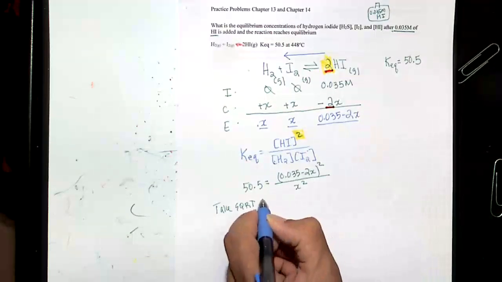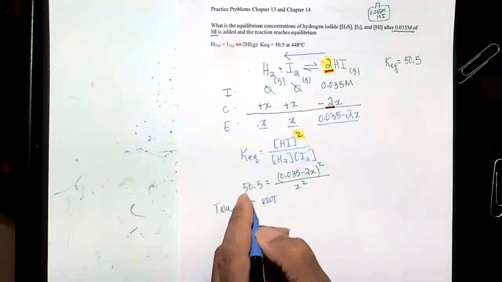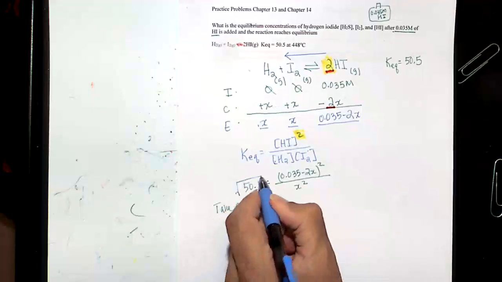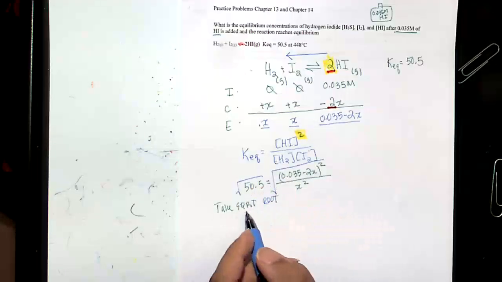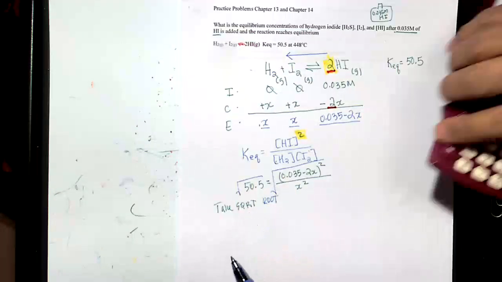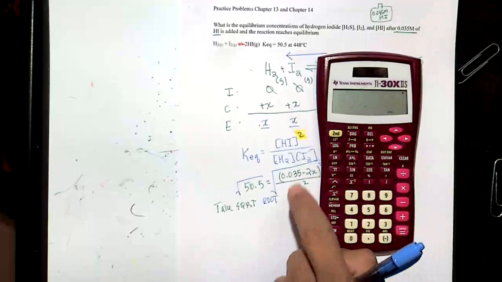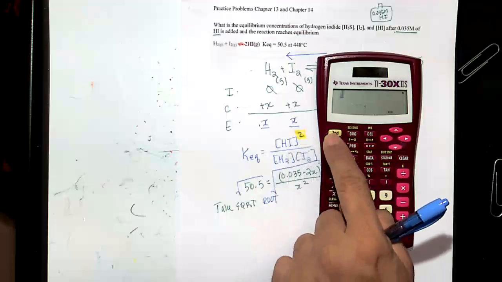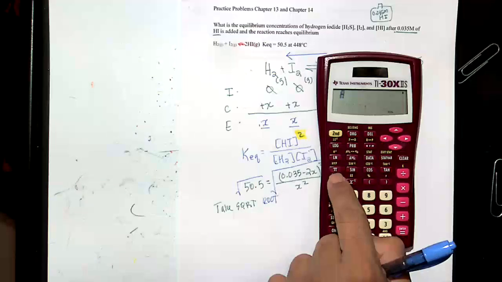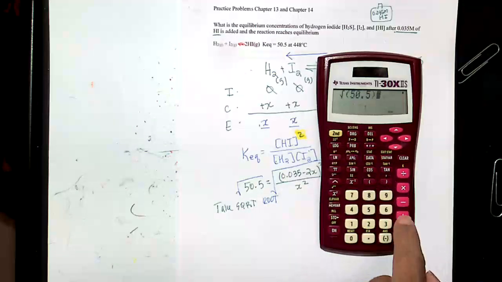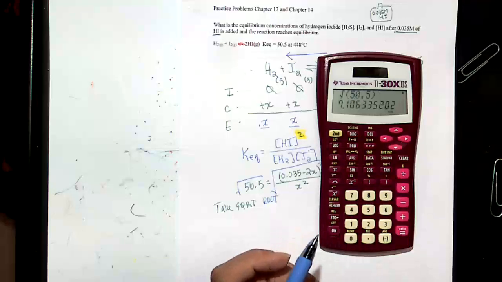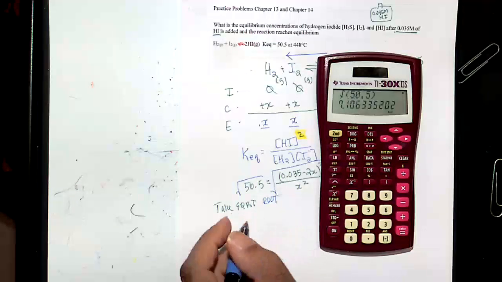Okay, so now we'll take the square root of both sides. The square root of 50.5 and the square root of this over this. The square root of 50.5 we'll find in our calculator: 7.106.